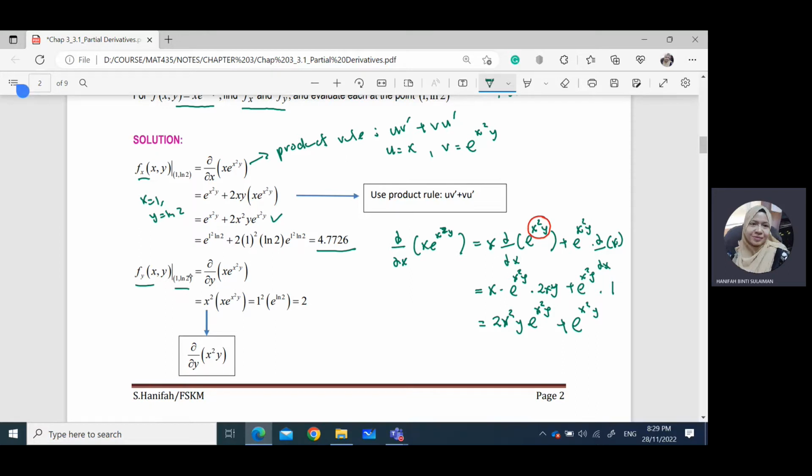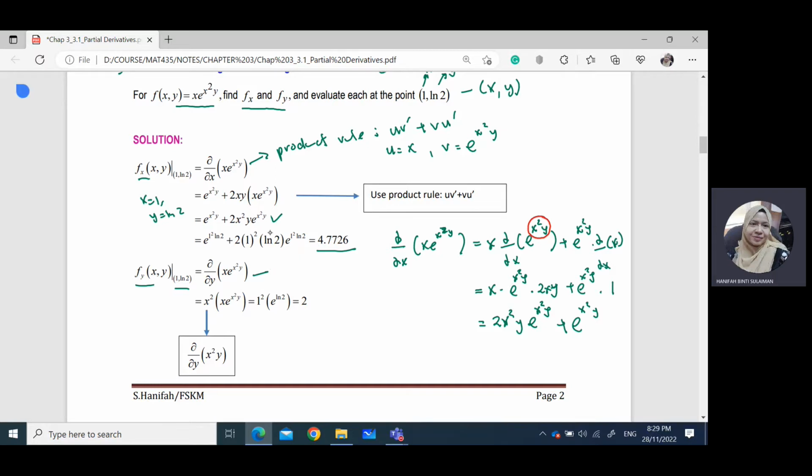Alright, so next, the partial derivative with respect to y on the given function with the point (1, natural log of 2). Alright, so for this one, we differentiate with respect to y, so x remains as a constant. This one does not need the product rule because there is only one function of y, which is x exponent x squared y. Okay. Alright. So you differentiate with respect to y on x exponent x squared y, so x remains as a constant.